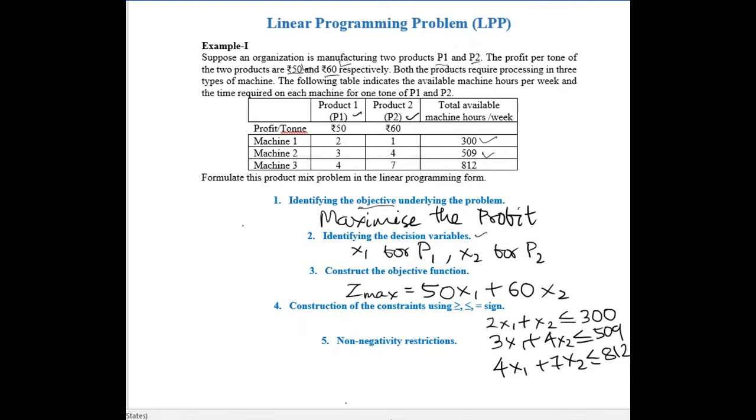What would be my non-negativity constraint? How should I write it? X1 is greater than or equal to 0, and X2 is also.